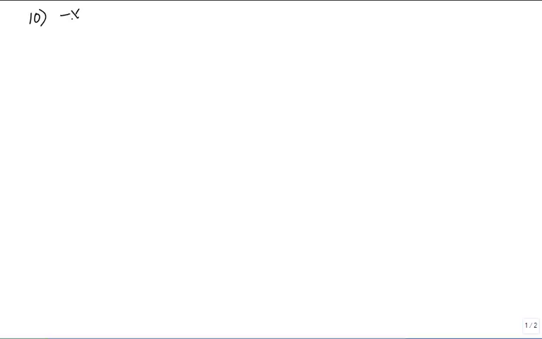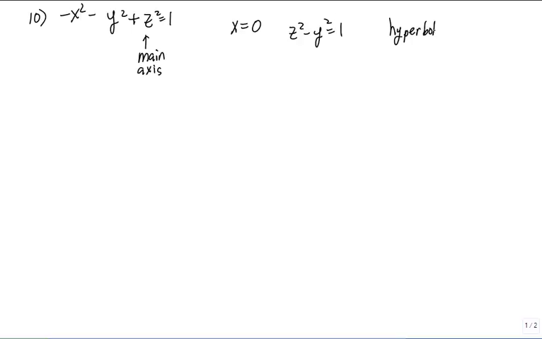We have minus x squared minus y squared plus z squared equal 1. And since the z is positive, that tells me that the main axis is the z-axis. So if x is 0, I get z squared minus y squared equal 1, which is a hyperbola in the yz plane.